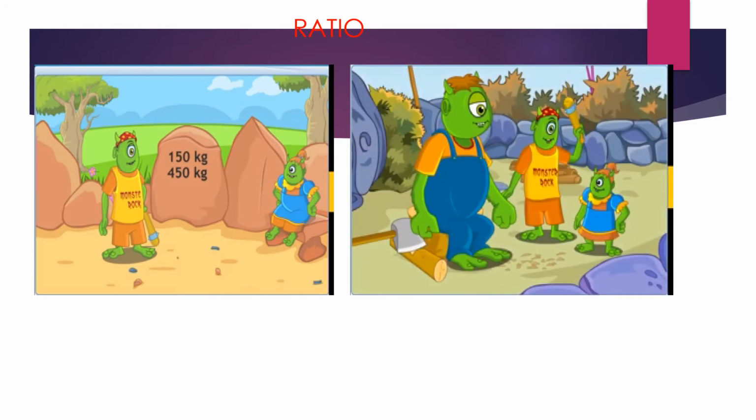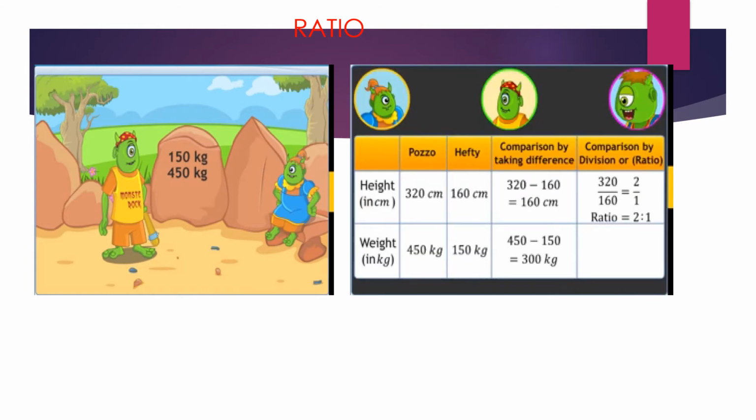Aha! Now do you know my actual strength, Hefty? In the same way, to compare the weights, we divide 450 by 150. We get 3/1. Got it, Dad. So the ratio of our weights is 3:1.